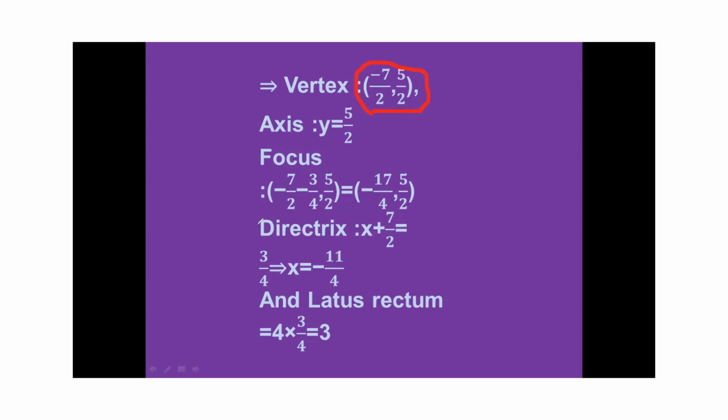The focus is h minus p, which equals minus 7 over 2 minus 3 over 4 and 5 over 2, which equals minus 17 over 4 and 5 over 2. These are the focus of this parabola, and the directrix is x plus 7 over 2, which equals the directrix minus 11 over 4, and the latus rectum is 4 times p, which is 3.